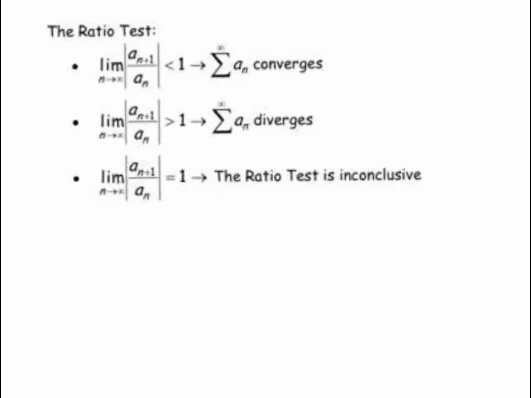So the ratio test is what we basically just used. The absolute values I want you to note are just because in theory the ratio test really only applies when all the terms produce positive ratios. So don't let that confuse you too much.